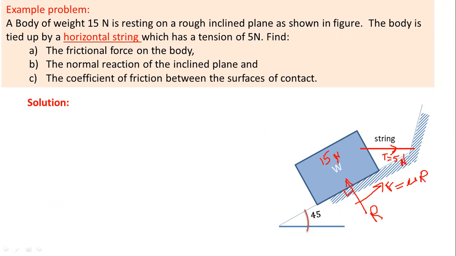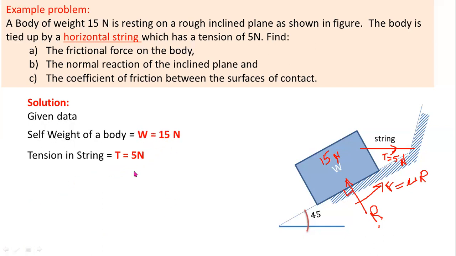So from this equation, you have to determine mu. In this question, you have to determine the normal reaction R, the frictional force F, and the coefficient of friction mu. The given values are the self weight of the body W equal to 15 newtons and the tension in the string T equal to 5 newtons.